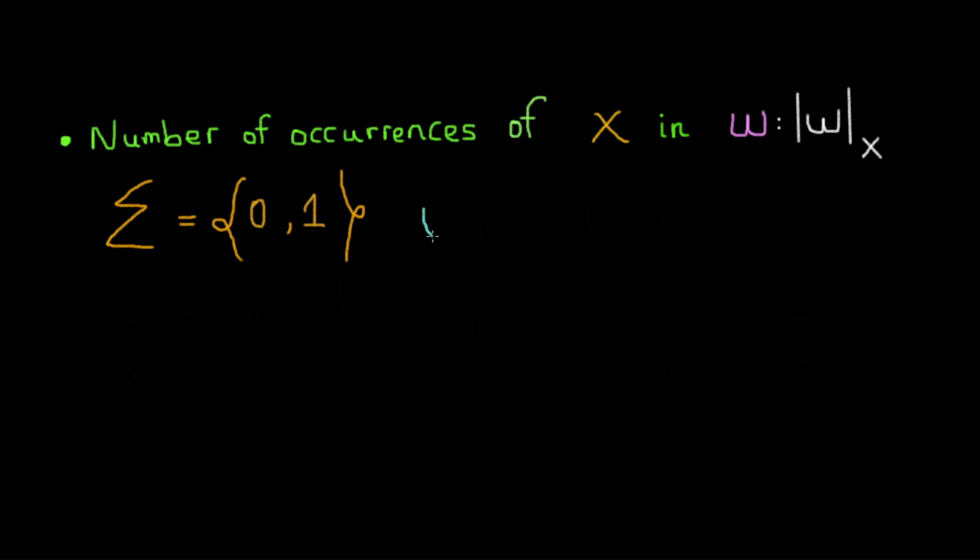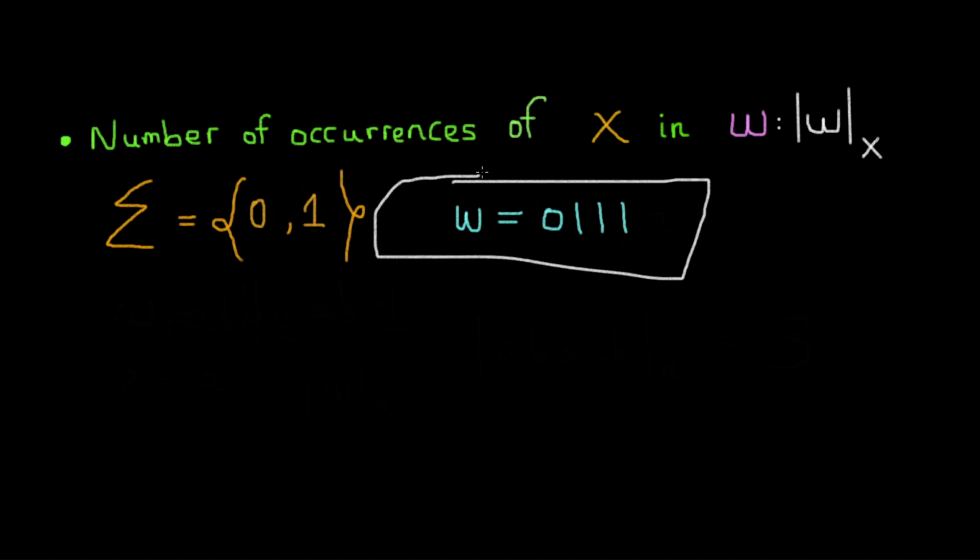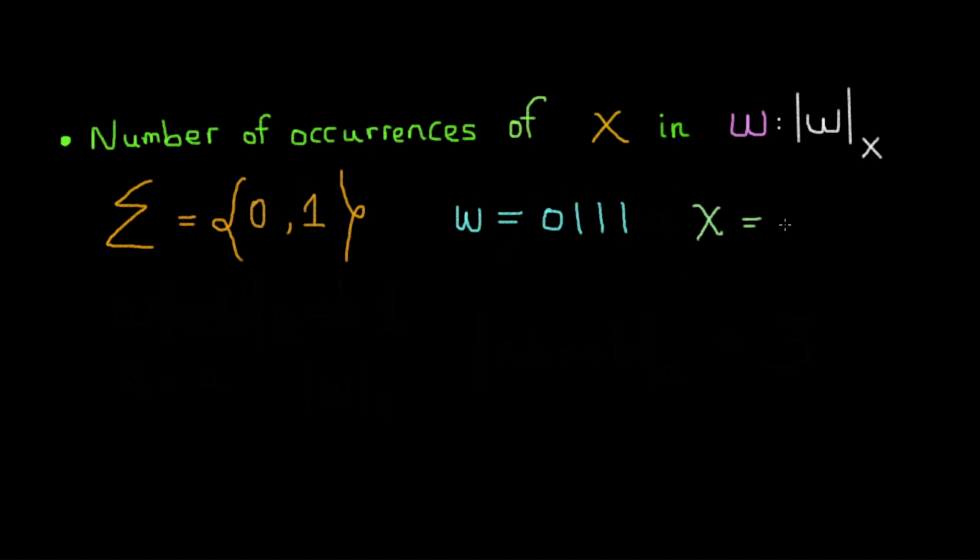And so let us suppose that we have the word W, which is the word 0111. Consider that we have this word. And then we have another word, let us suppose here the word X, which is the word 11. And so now we want to compute how many occurrences we have of the word 11 within this word.